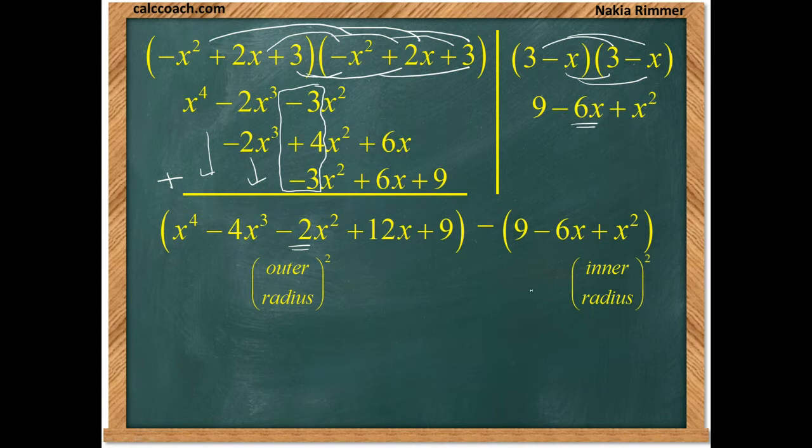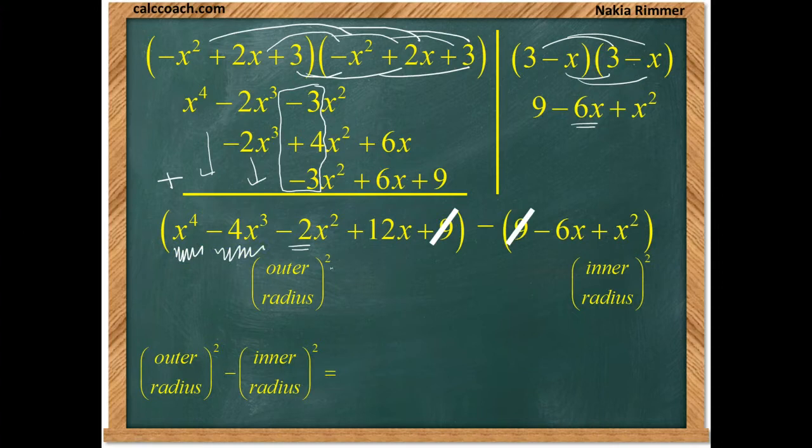Now we want to simplify this before we go to integrate. Well, how does it simplify? Not too many terms are the same. It is nice that they have these 9s here. We have a 9 minus a 9. Those cancel out. So putting it all together, outer radius squared minus inner radius squared, we have our 4th degree x to the 4th, our cubic minus 4x cubed.